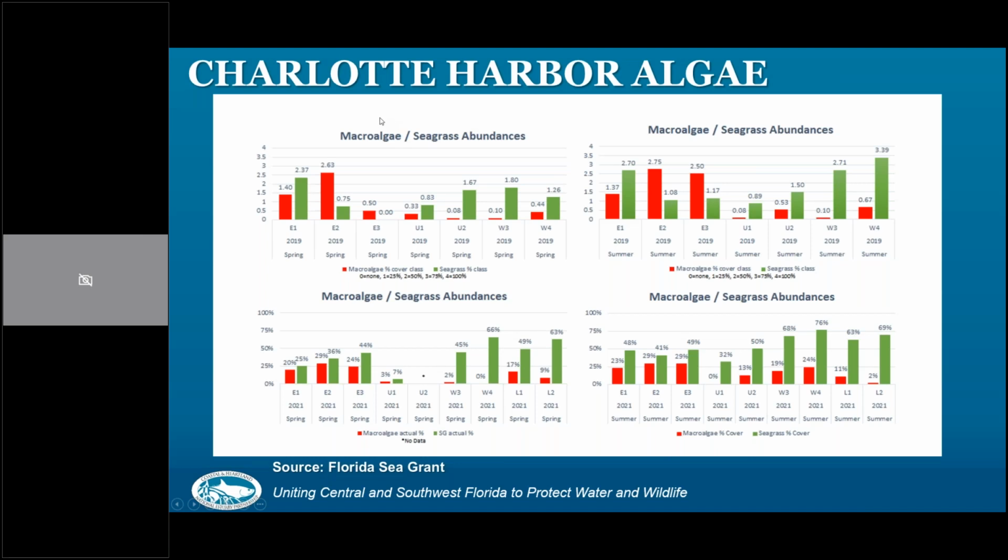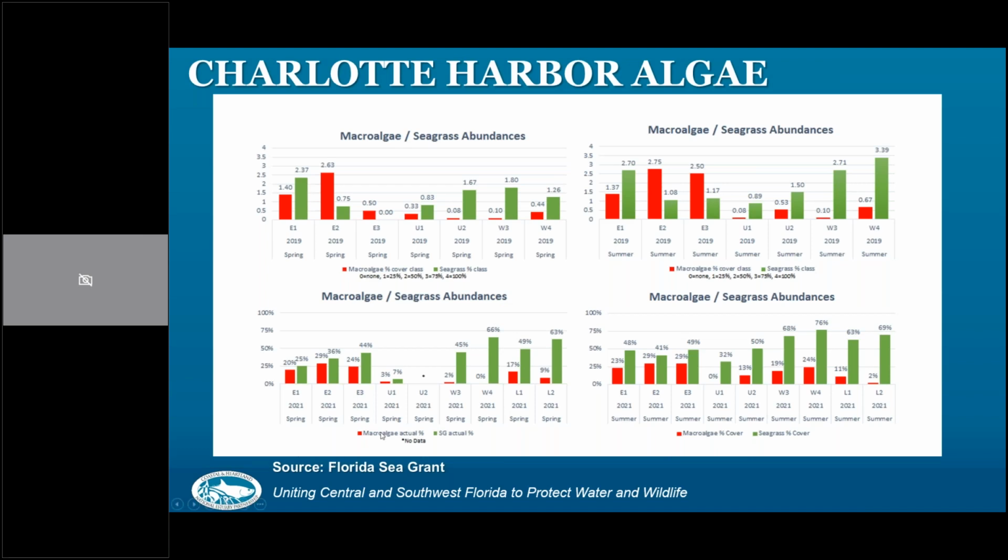So speaking about new data, this is some of the macroalgae and seagrass abundance data that was collected by the Citizen Science Monitoring Eyes on Seagrass project that was kicked off in 2019. And you can see here, the east wall is that E1 and E2, that was that Transect data that I shared earlier. And so you can see here spring and summer of 2019, you have a lot of macroalgae in those regions.